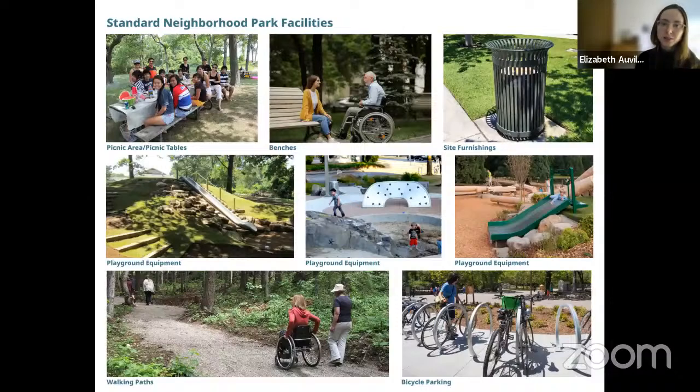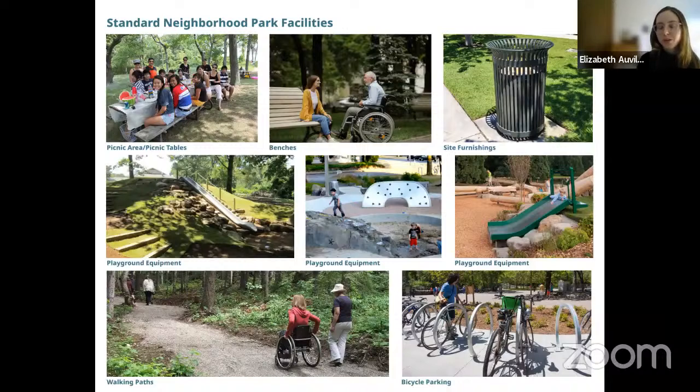So next, like Tony mentioned in the beginning, we talked about park facilities a little bit. So we have some images to support, just showing what kind of facilities we typically see in neighborhood parks. So the first slide goes through standard ones.